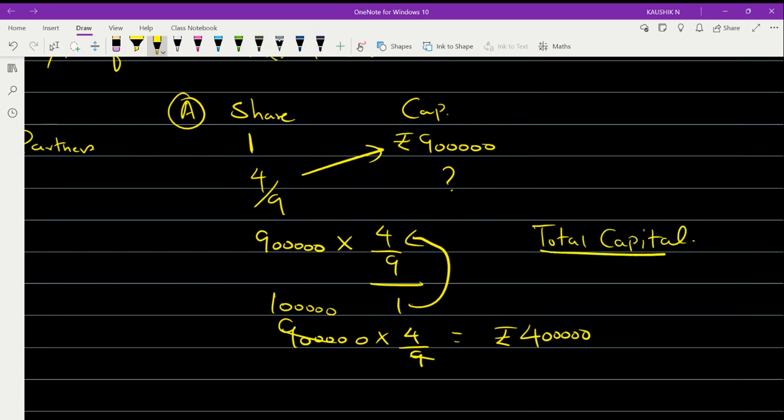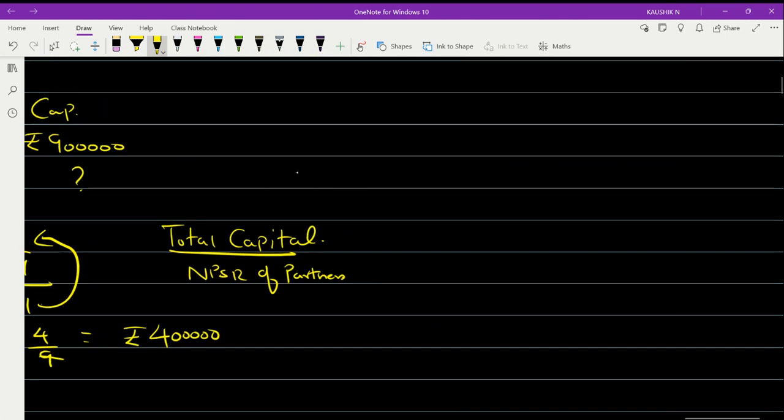This total capital is divided by the NPSR, the new profit sharing ratio. As per the example, it is 9 lakhs by 4/9. Correct? So this is what we got as 4 lakhs.